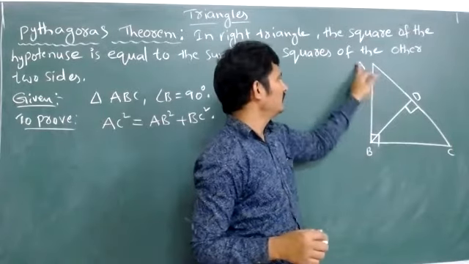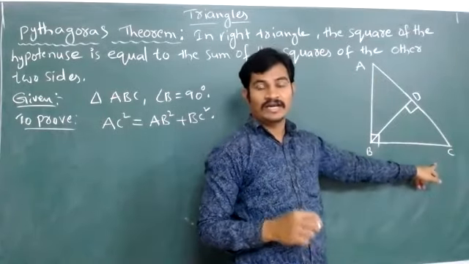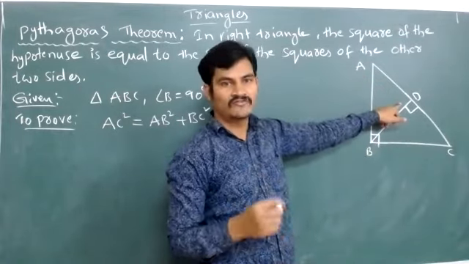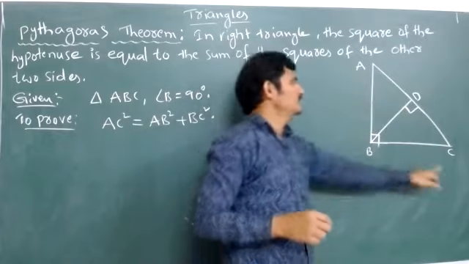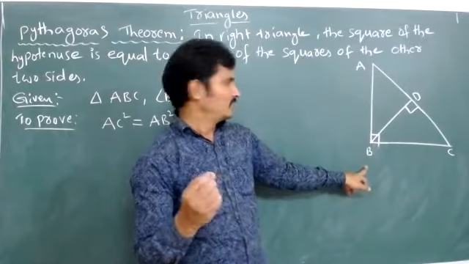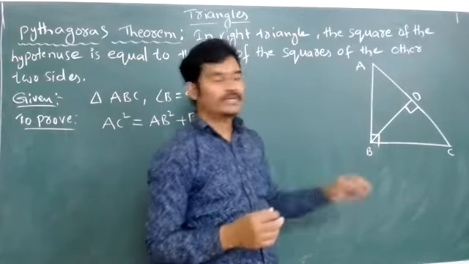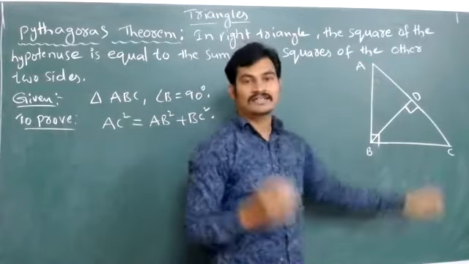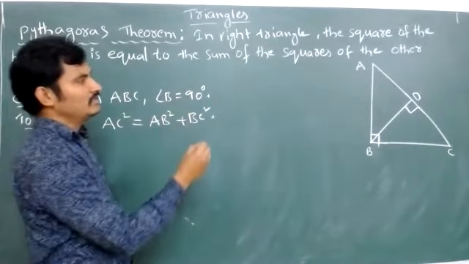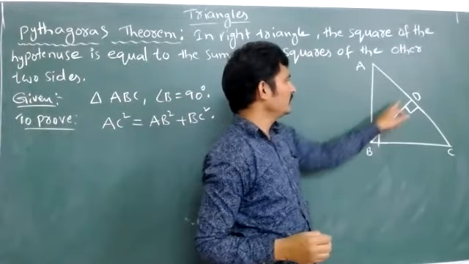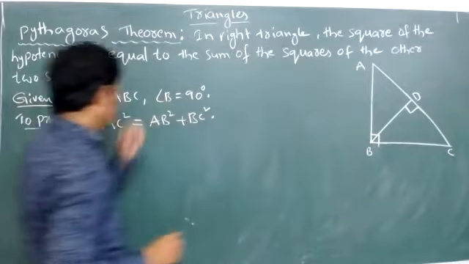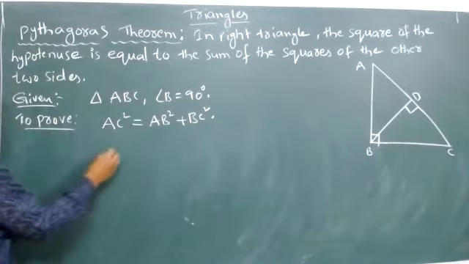In triangle ABD, angle D is 90 degrees, and in triangle ABC, angle B also is 90 degrees. So by the AA test, we can say these two triangles are similar to each other. Triangle ABD is similar to triangle ABC.